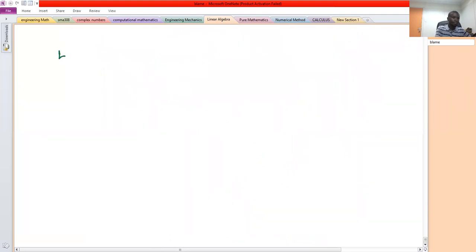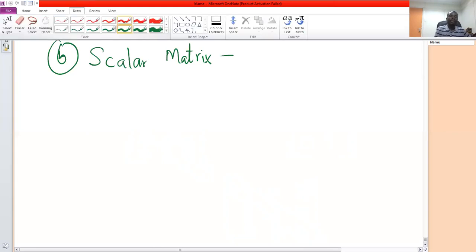And then lastly, number 6, what we call a scalar matrix. You define a scalar matrix from a diagonal matrix.